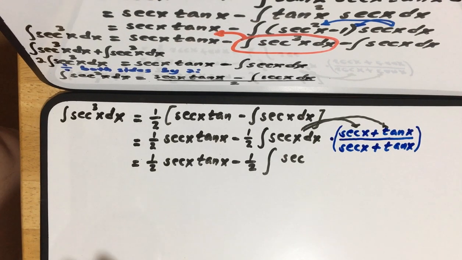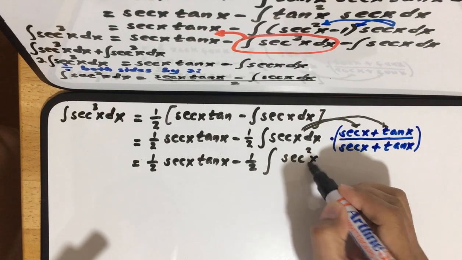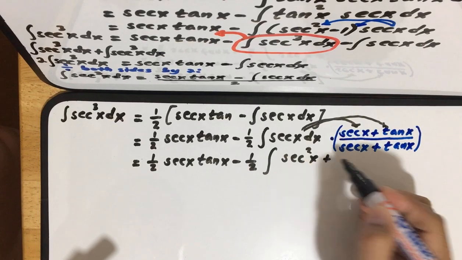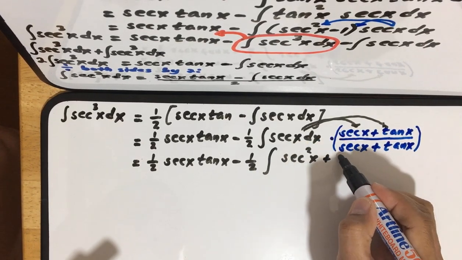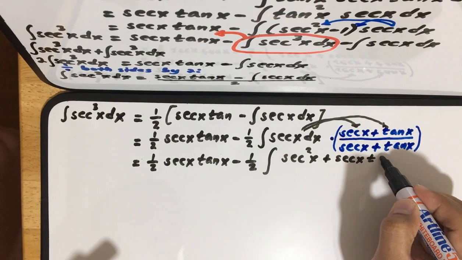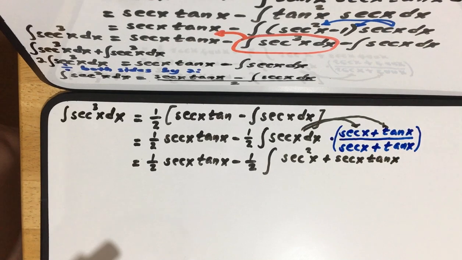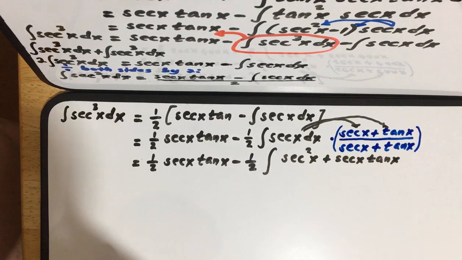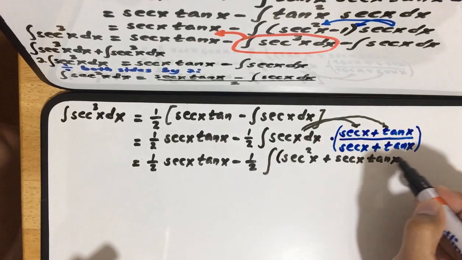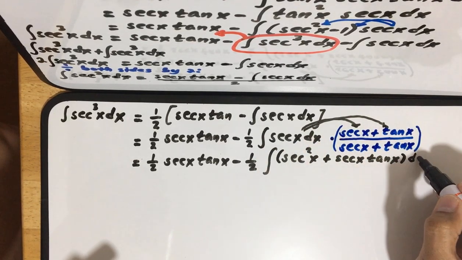So what happens? This will be secant squared x, because you have secant and secant, then plus we have secant x times tangent x. And then the whole thing, so you just put this inside the parenthesis, and the whole thing is multiplied by dx.